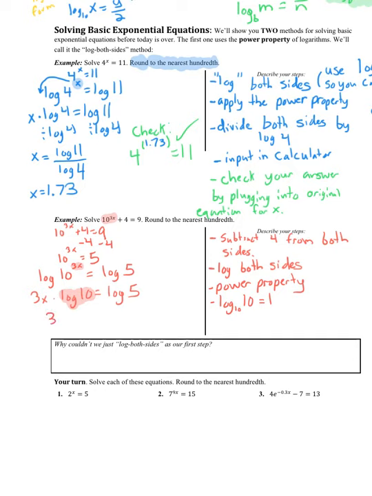So in reality, this is just 3x equals log of 5. And then my last step, divide both sides by 3. So I end up getting x equals log of 5 over 3.